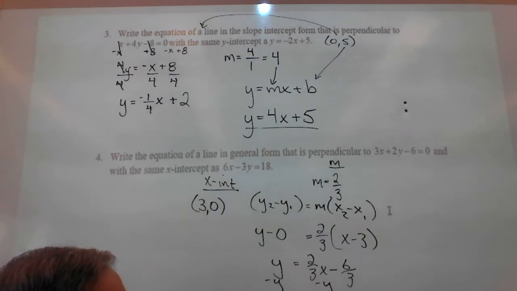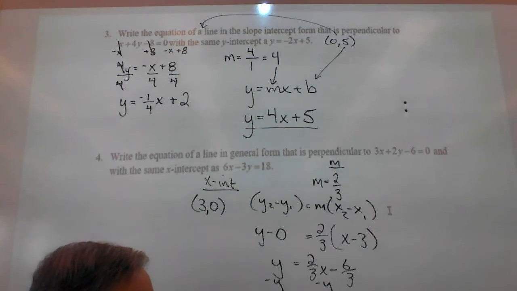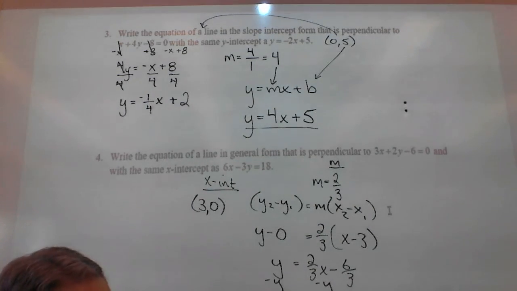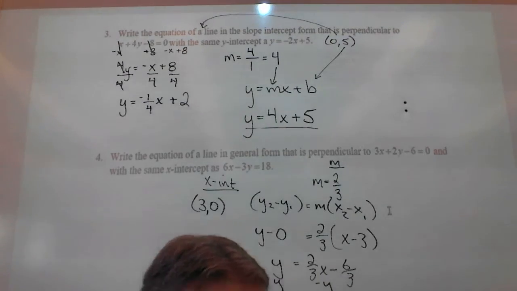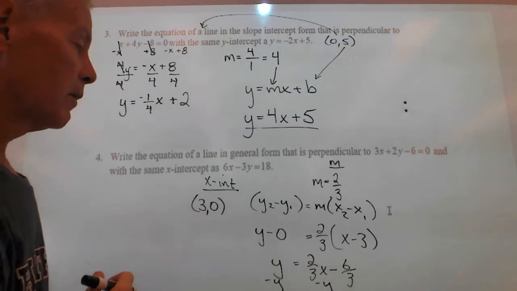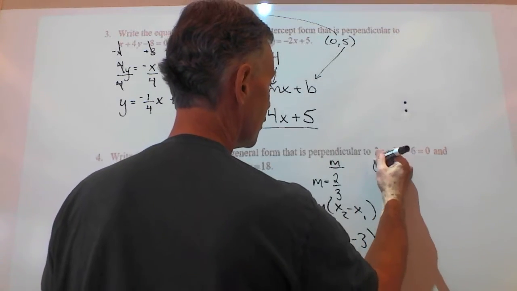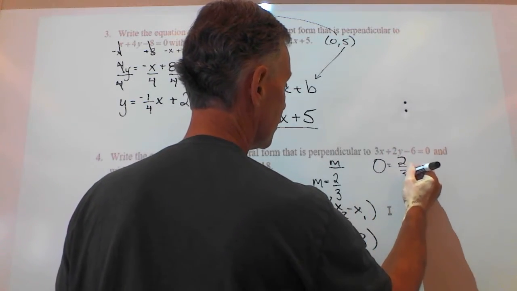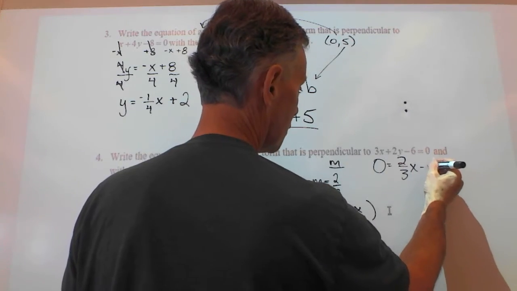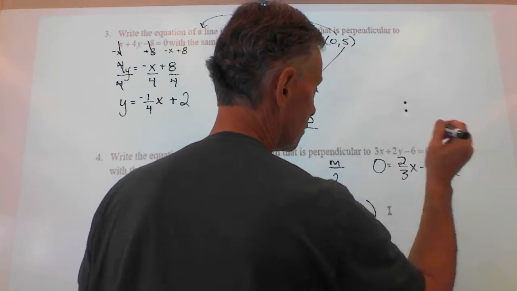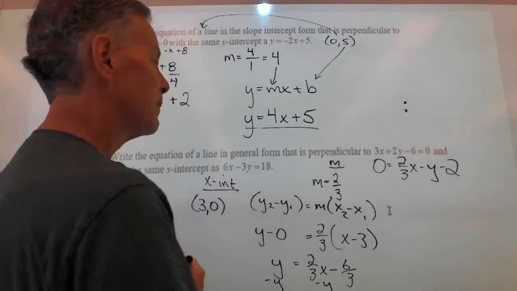Okay? Now, remember, general form has to have a positive coefficient of x. That's positive. That's good. Oh my goodness. You can't see this anymore. So let's move it up here. 0 equals 2/3 x minus y minus 2. Now you can see it.